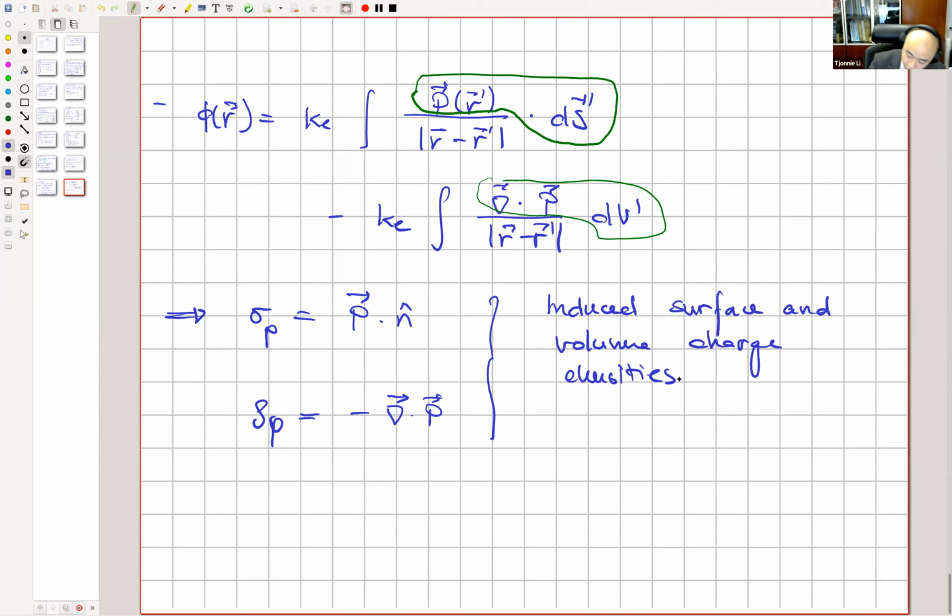So just to finish off, just to recap. If we put an external field, we know we can induce a dipole moment. Again, it doesn't have to be exactly pointing in the same direction as E, but still we can induce a dipole moment.